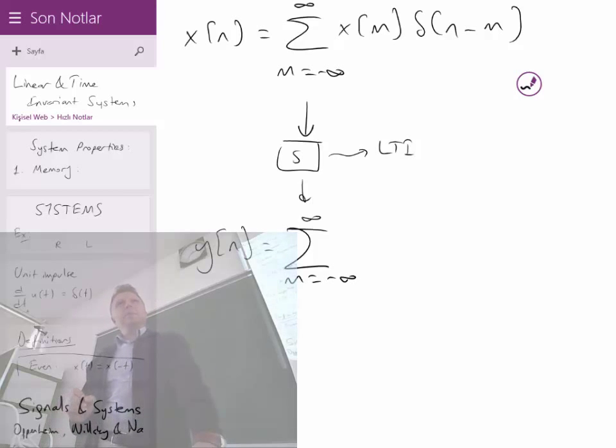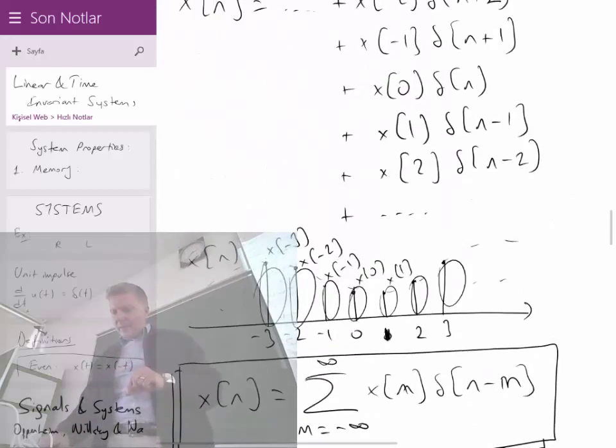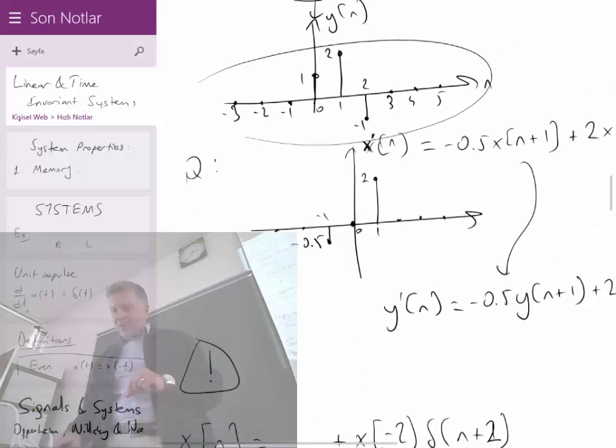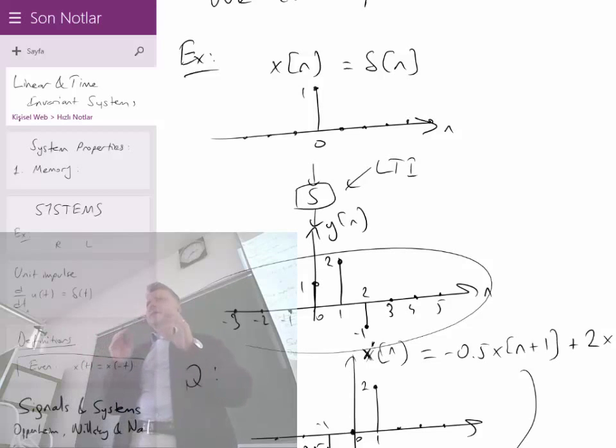Let's give a particular name to the response to a single impulse in the center. Do you remember the question? Yeah, here. The input was delta n. The output is y of n, I said. But y of n is the output to any x of n. So let's give a particular name to that. We have impulse, we have unit step.